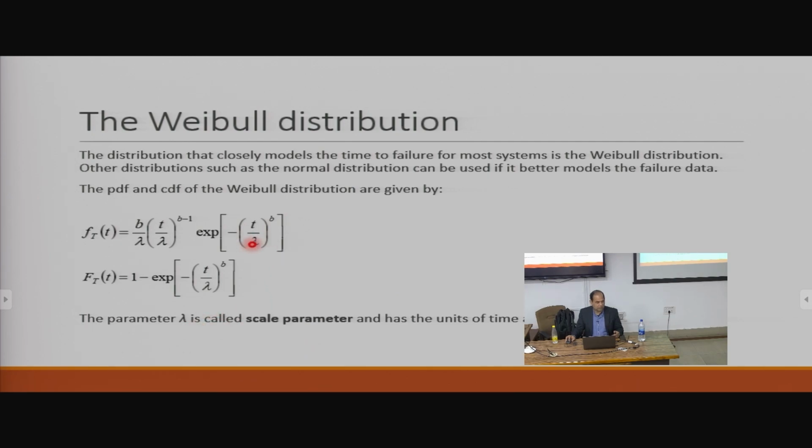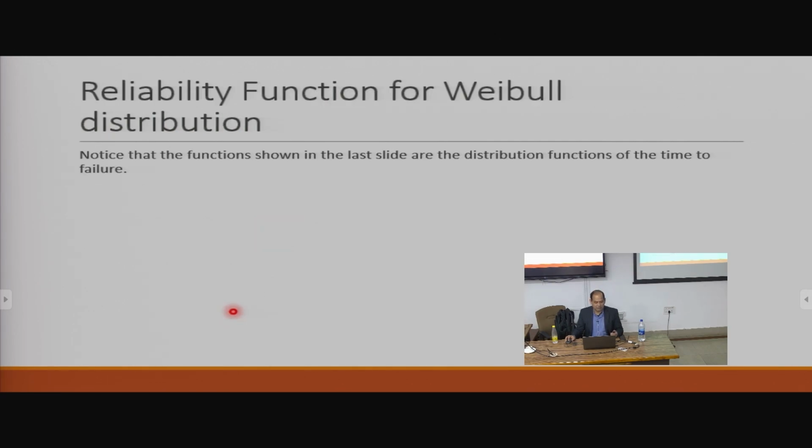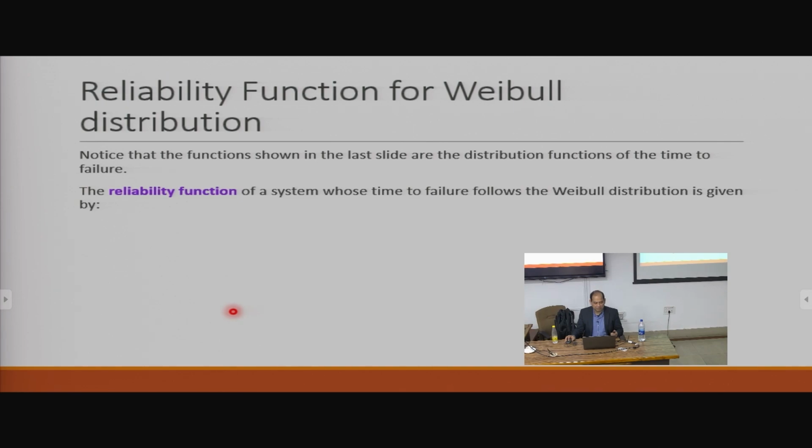If we just focus on this, number one, it's a relatively easy function to work with, but since reliability is 1 minus the CDF, you just get this expression, okay? And this expression will be 1 when t equals 0. So it all falls into place, okay?